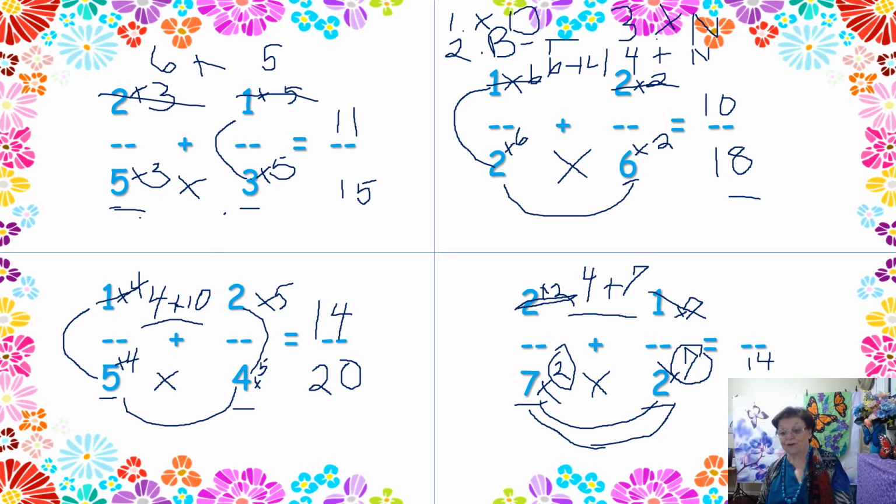What's 4 plus 7? 11. Boom. Just have to remember, multiply the denominators. Whatever you do to the bottom, you have to do to the top. Multiply the numerators and add the new numerators.